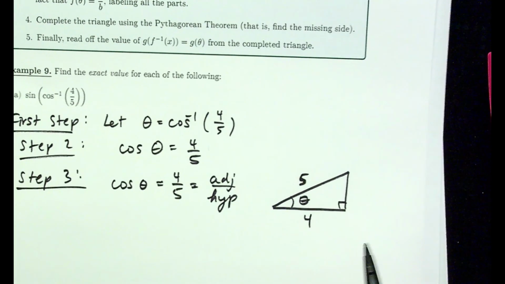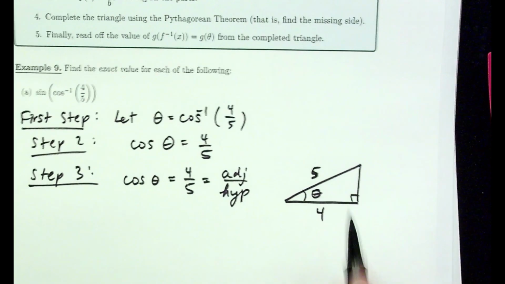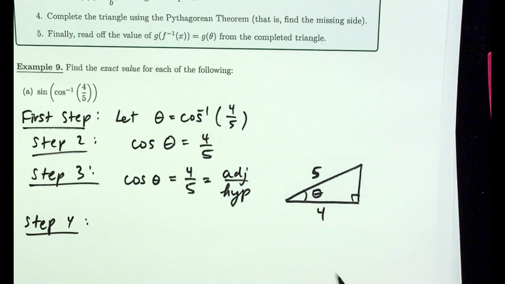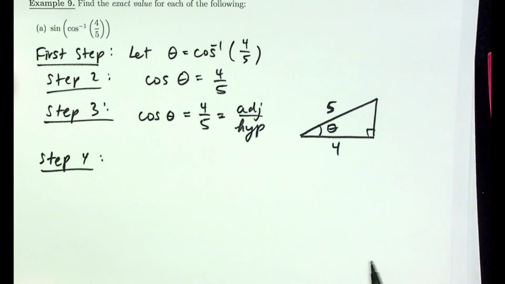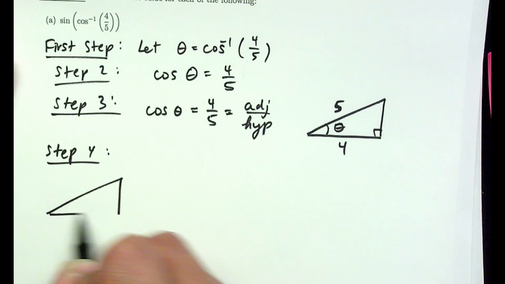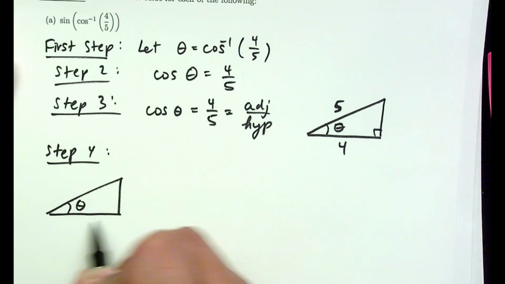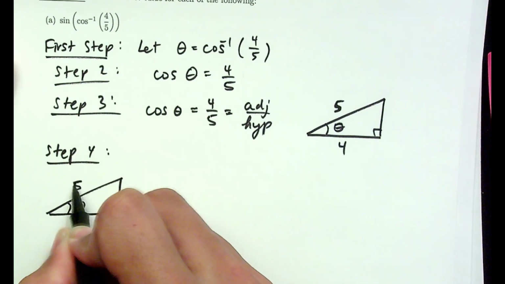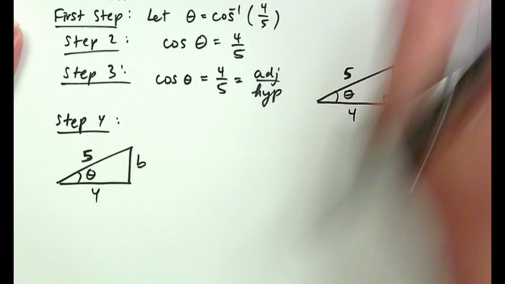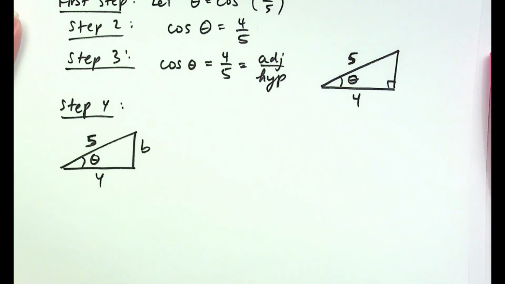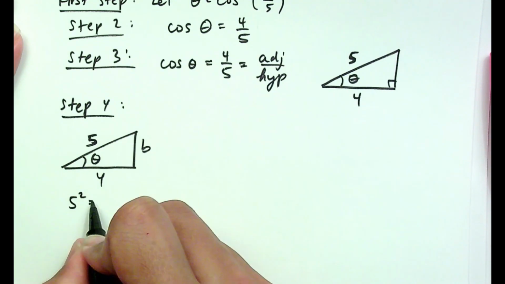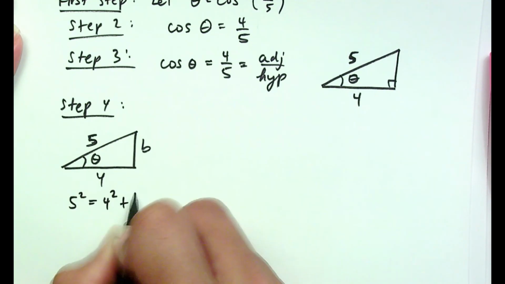Once you draw that picture, step 4 is you're going to complete that triangle. You're going to find the missing side. So let's complete that triangle. I'm going to draw it here again. So question mark, what is this? Let's give it a name. I like using ABC for the sides of a right triangle, so I'm going to use B. Using the Pythagorean theorem, this is 5 squared equals 4 squared plus B squared.